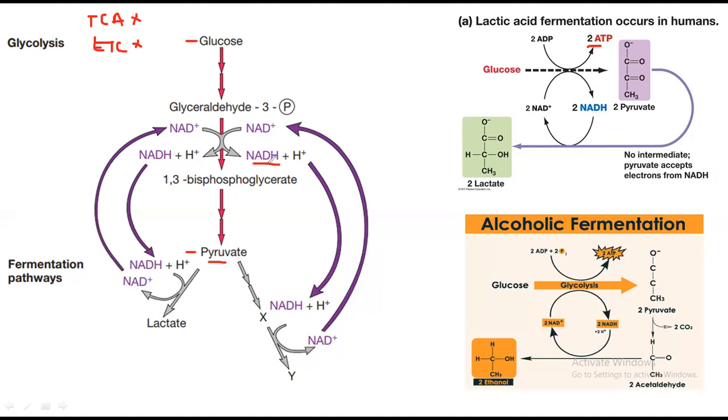When pyruvate is produced, it does not enter the TCA cycle. Instead it is converted into either lactate or other intermediates. If you look here, it is converted into lactate.